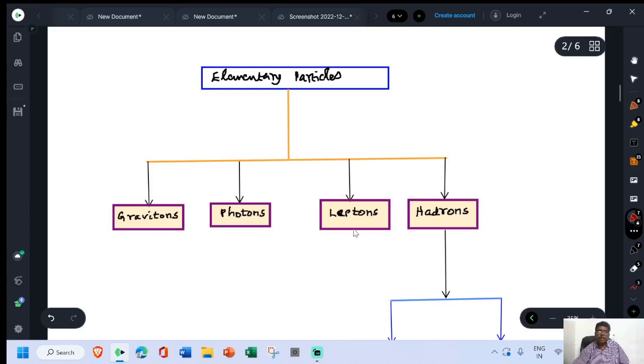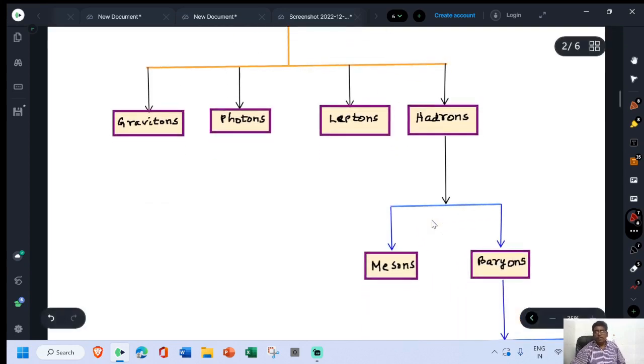In Greek, lepton means weak, hadron means strong. So leptons belong to weak interaction and hadrons belong to strong interaction. Further, hadrons are classified into two categories: mesons and baryons.